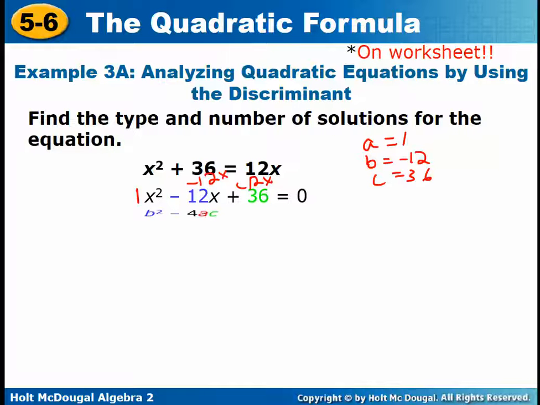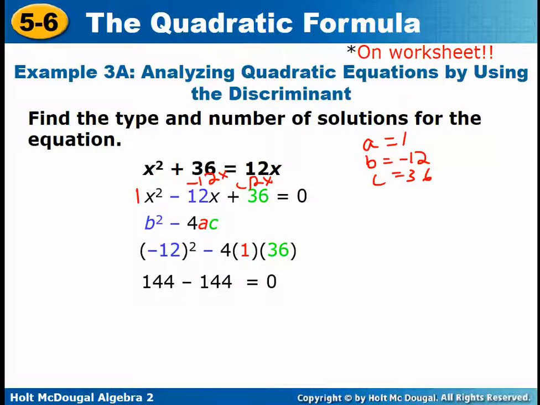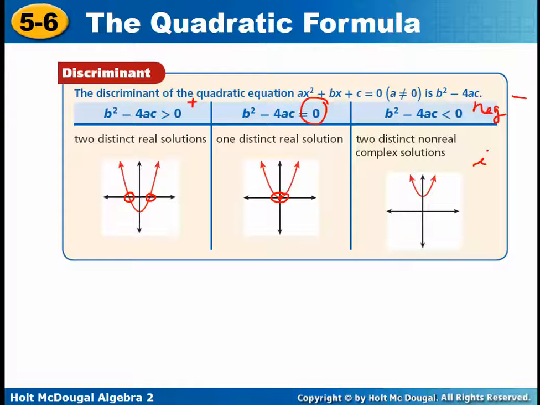Now the discriminant is just that part that was underneath the radical, the b squared minus 4ac, not including the root. So now I replace b with -12. -12 squared is 144, minus 4 times 1 times 36, which is also 144. So we get 144 minus 144, which is 0. That means there's going to be one distinct real solution.